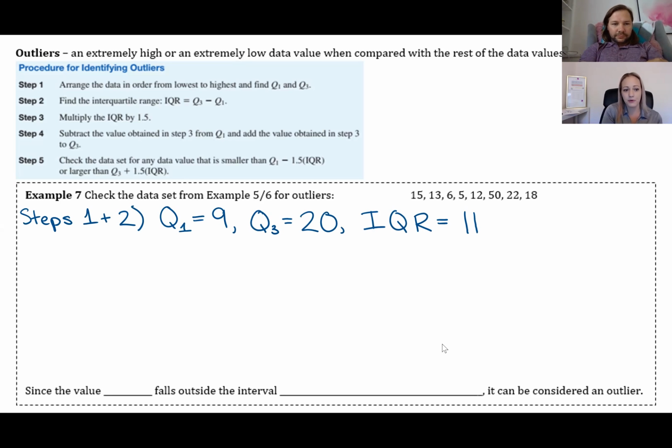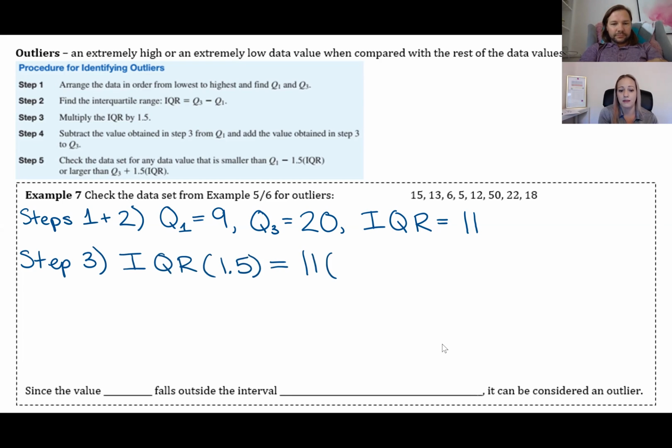Now step 3, you take your IQR and multiply it by 1.5. So 11 times 1.5 comes out to be 16.5. Then step 4, you take that 16.5 and subtract it from Q1 and add it to Q3.